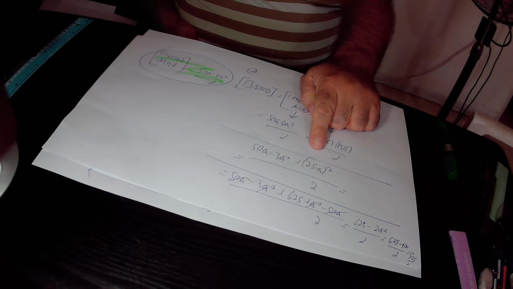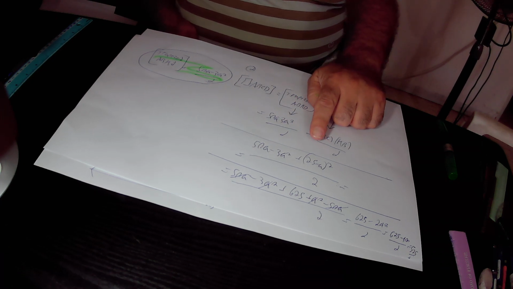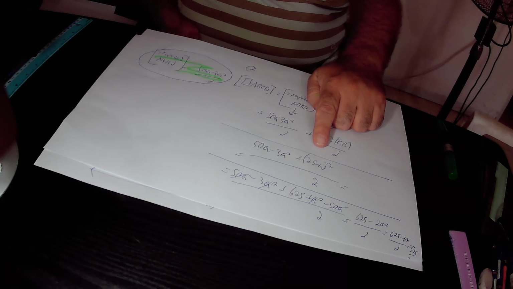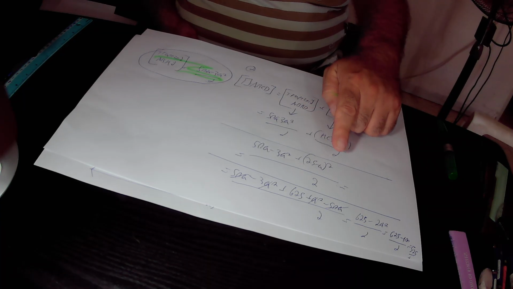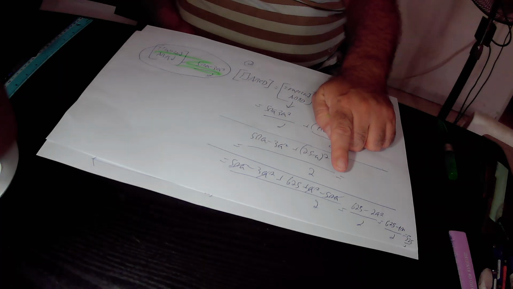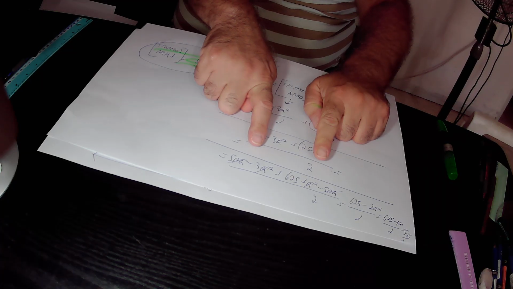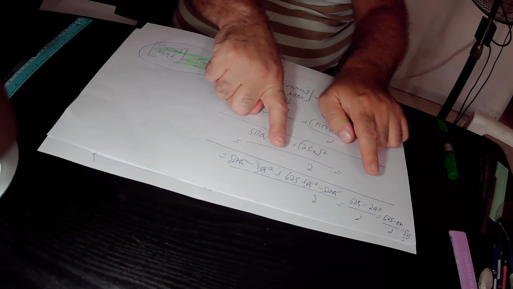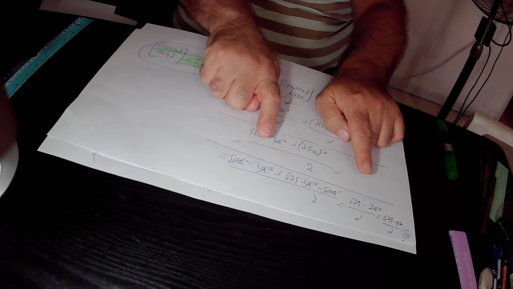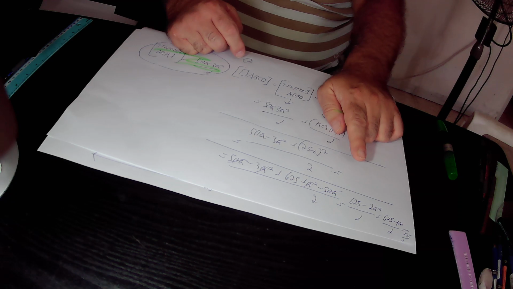We open the brackets and we find that 58 minus 3A squared equals plus (25 minus A) squared. (25 minus A) squared equals 25 squared, that is 625, plus A squared minus 2 times 25 times A, that is minus 58, divided by 2. 58 minus 58 is 0, so those two expressions get cancelled. And we are left only with minus 3A squared plus A squared, which is minus 2A squared, plus 625. Or (625 minus 2A squared) over 2 is the area of quadrilateral ABCD.